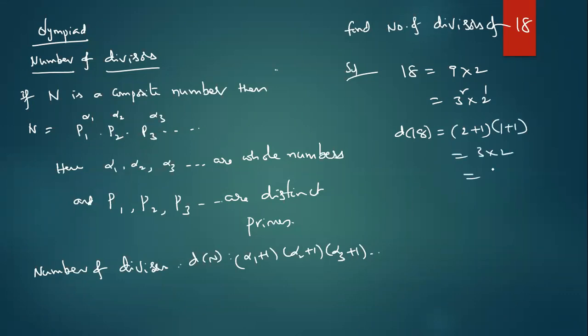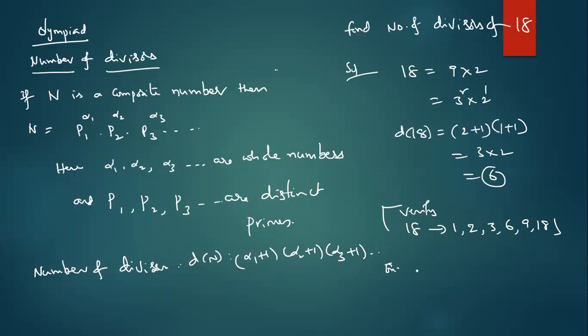So the number of divisors is how much? 6. You can verify. What are the divisors of 18 here? Anyone? 1, 2, 3, 6, 9, and itself. Like that. Doubt is there? Ask me immediately.